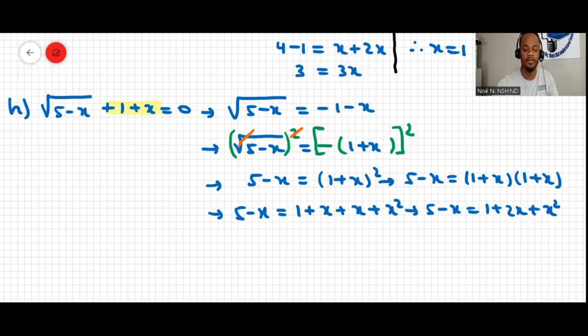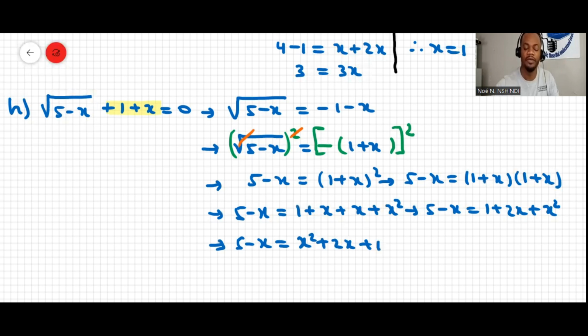Now we can move everything from the left hand side to the right hand side. Maybe let me first write it as 5 minus x equal to, I'm writing in ascending order, so it's x squared plus 2x plus 1.